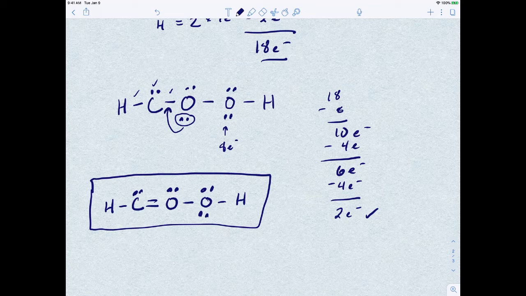Now we haven't talked about how to evaluate a Lewis structure yet. So right now, that is a potential solution to the Lewis structure. There are a couple problems with this structure, and to talk about that, I've got to define something else.